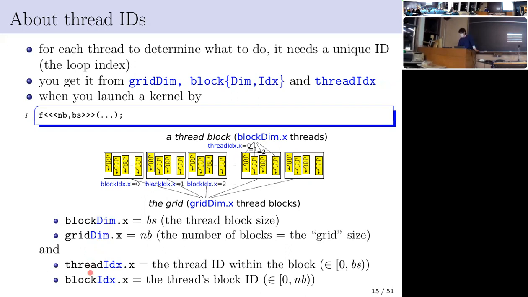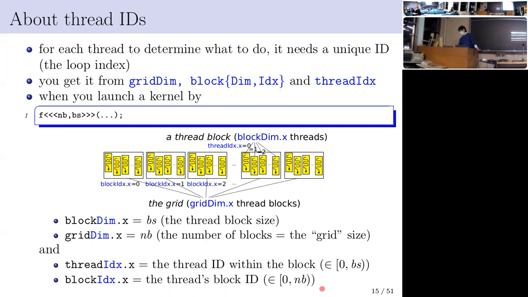And there are two variables that tell you your position in the entire grid and in your block. Thread index, or to be more precise, thread index dot x gives you the ID within your block.